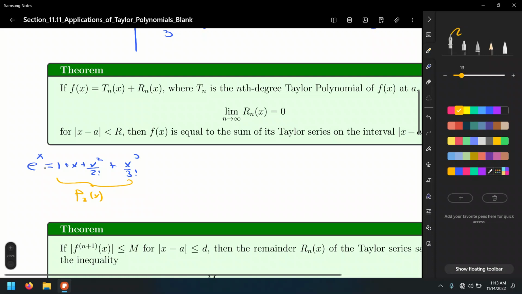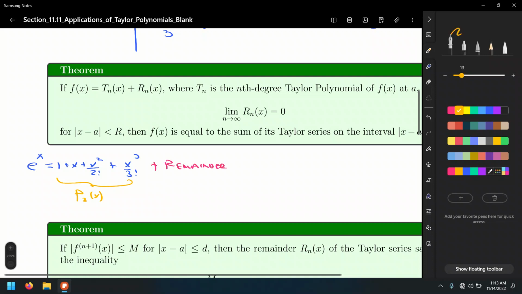But if I want to make this equal instead of approximately, we have to add the remainder R sub n, in this case the remainder of using the third degree polynomial. Let me use the word remainder.